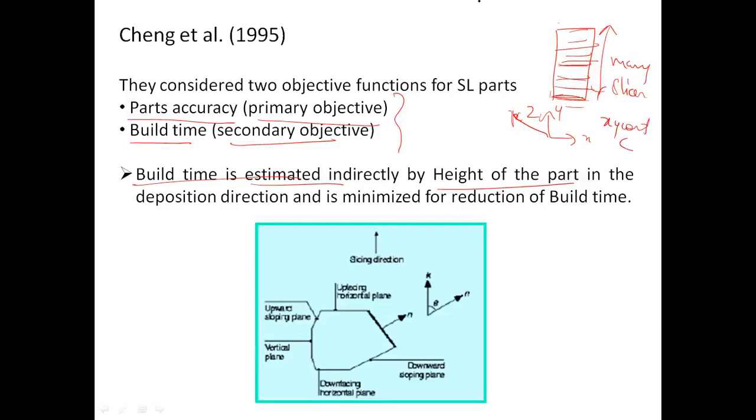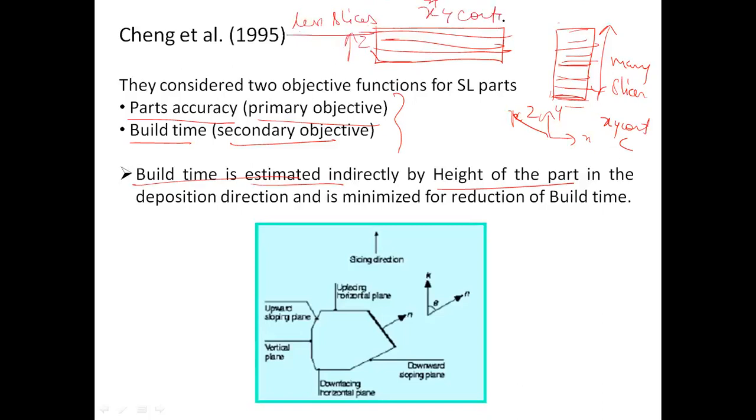Similarly, for the same part, if you orient it like this and slice it, you see fewer slices along the Z axis, but what happens to your XY contour? It increases.